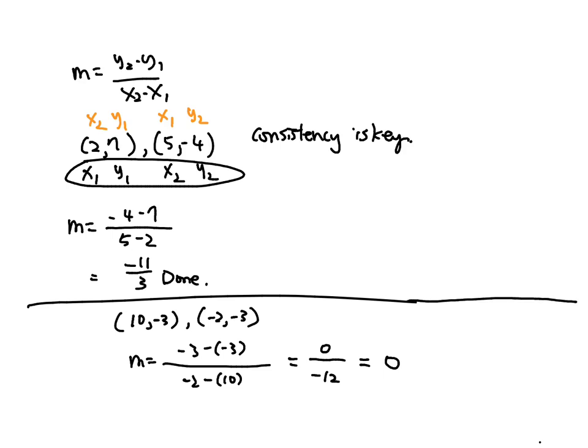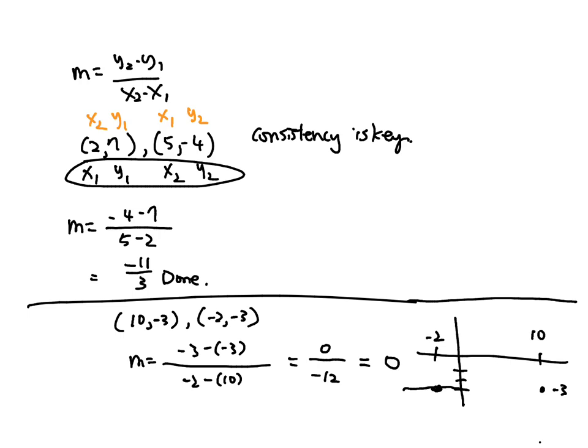Now, if you look at the points, notice these 2 points have the same y value. So graphically, one is 10 over and 3 down. The other one is -2, so 2 to the left, and then 3 down.